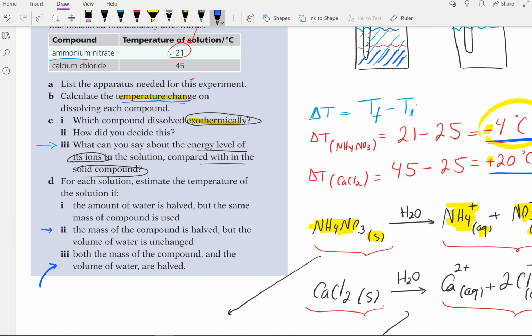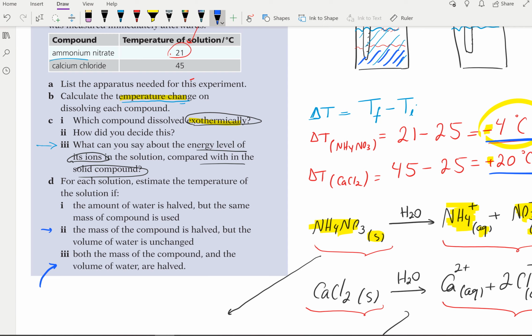And the last part says both the mass of the compound and the volume of the water are halved. So if we cut the mass of the compound, the amount of energy which releases also halves. If we halve the volume of the water, the amount of energy added to that half volume of water would be the same as the energy added to the whole amount of water.